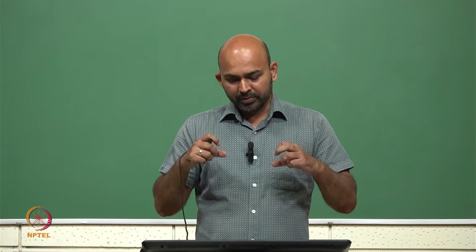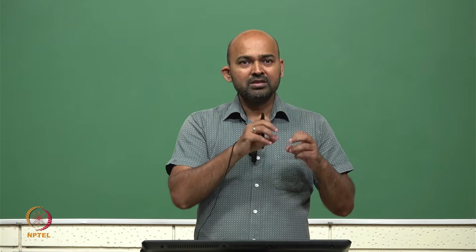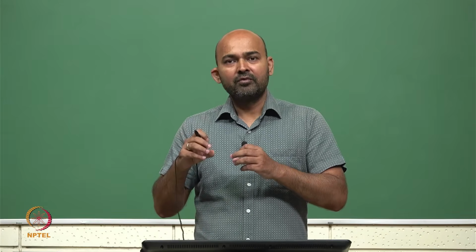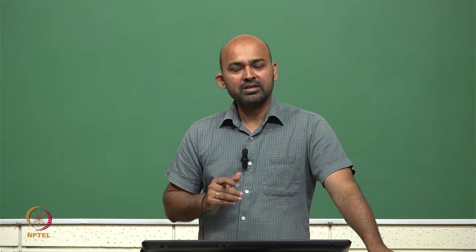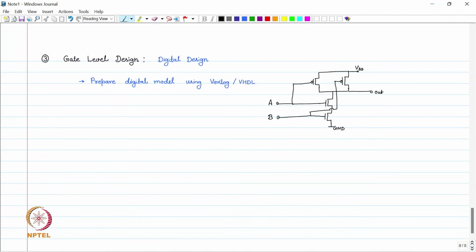We are interested only in the state of the output, whether it is 0 or 1, once input A and input B have changed and are stable. So this reduces the complexity very much, because handling 0 and 1 is very easy for a computer language. Now we use Verilog or VHDL to implement this NAND gate, and we can see an example of a NAND gate using Verilog.